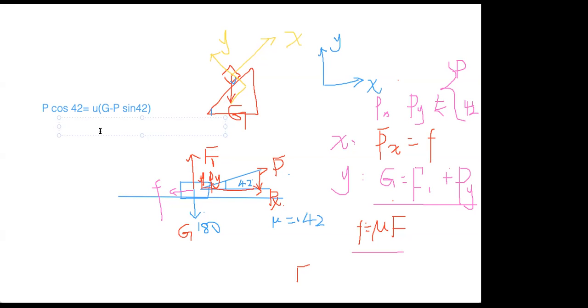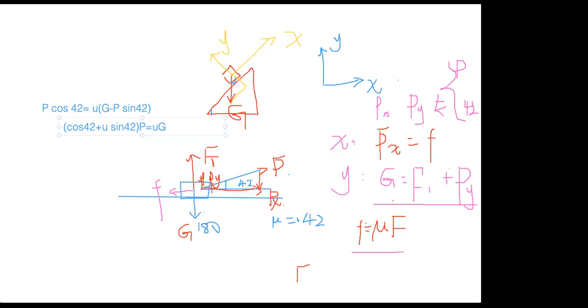Okay. Just my hypothesis. I think so far, because you have this equation already, now you get P equal to, let me see, cosine 42 plus mu sine 42 equal to mu g, right?